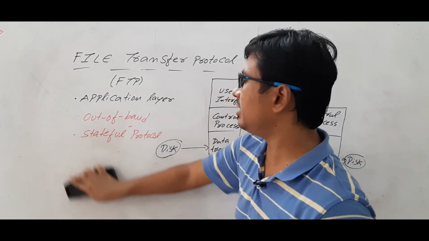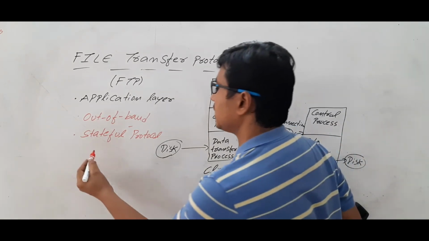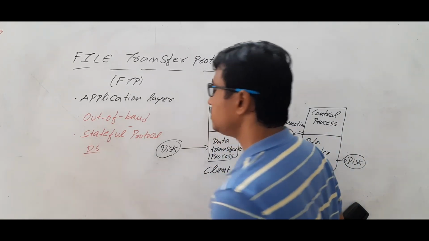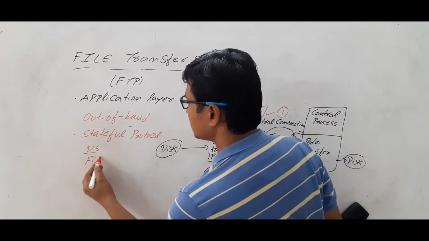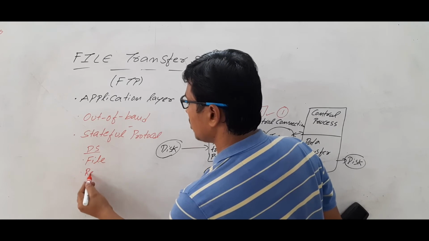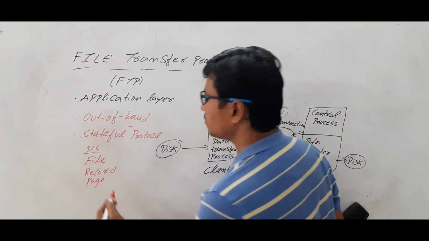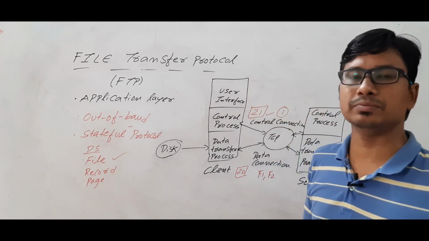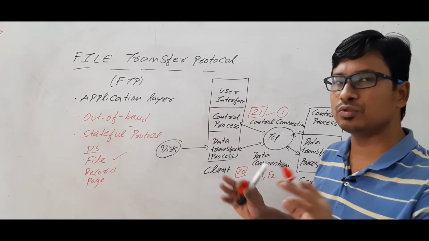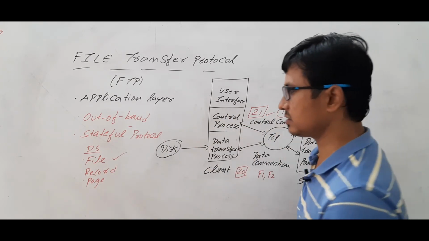Then a lot of people ask what kind of data structures it uses while transferring the data. It uses three data structures: file, record, and page. When it comes to the file, it transfers the data as a stream of characters. There is no fixed structure. It will send data in terms of characters.